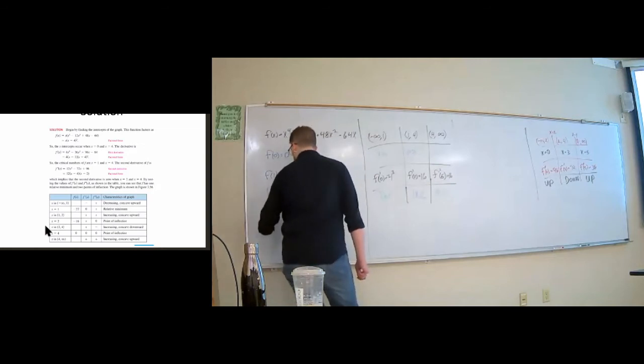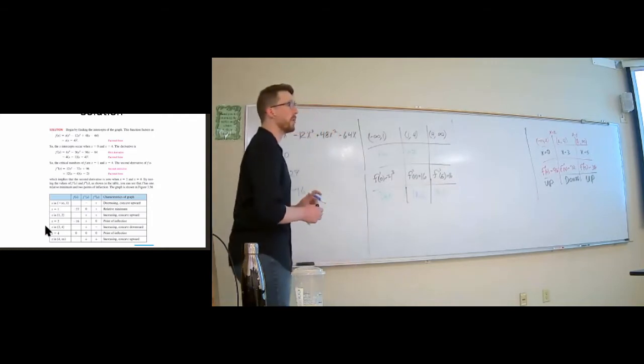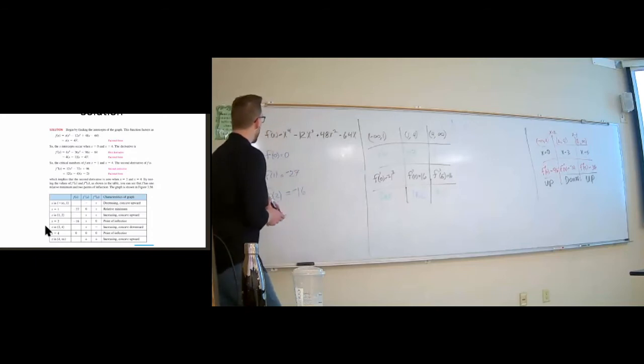And then checking at 4, throw that in as well. Should come out to be something large now, well, relatively large. I'm going to guess in the 30s or 40s.